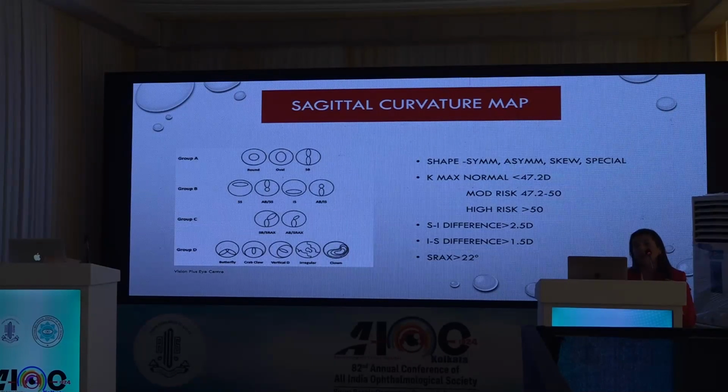And some of the asymmetrical shapes can even be normal if you find that the superior-inferior difference is within normal limits and the skewing is not there. So once you've looked at all these factors, the superior-inferior difference and the skewing of the radial axis, then you can further think whether this sagittal curvature map is within normal or not.